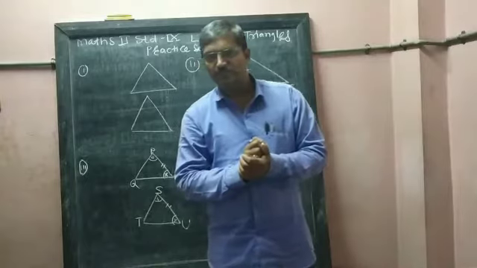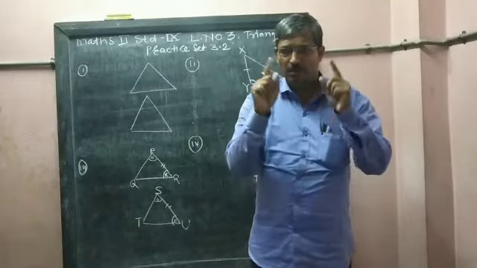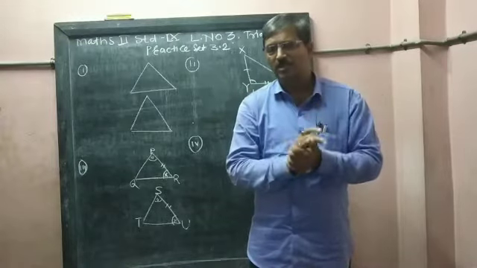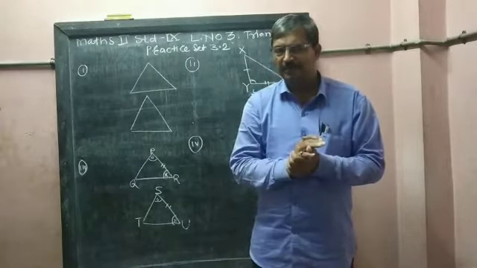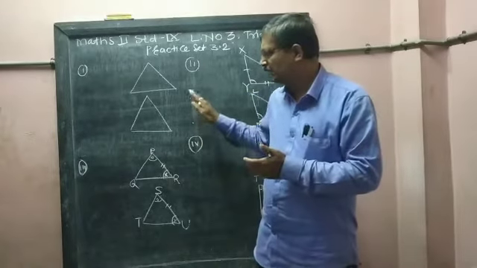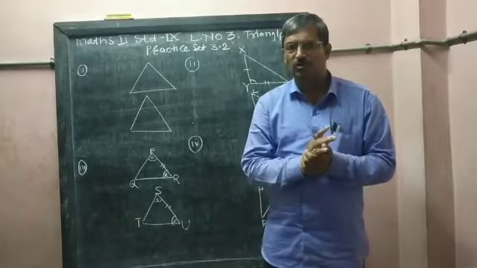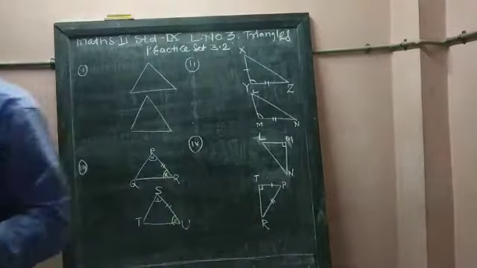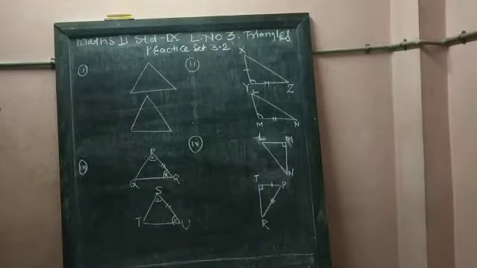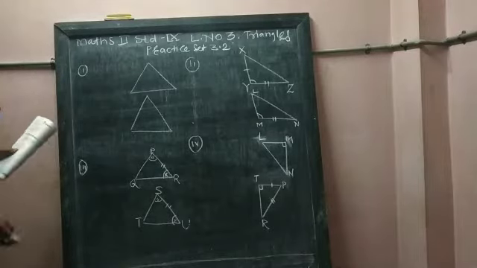Actually, I need to first tell you what the tests for congruency of triangles are, but I am purposely avoiding that. The reason is that as we solve practically, you will come to know which are the tests for congruency of triangles, and hence I have decided to enter directly into exercise 3.2.